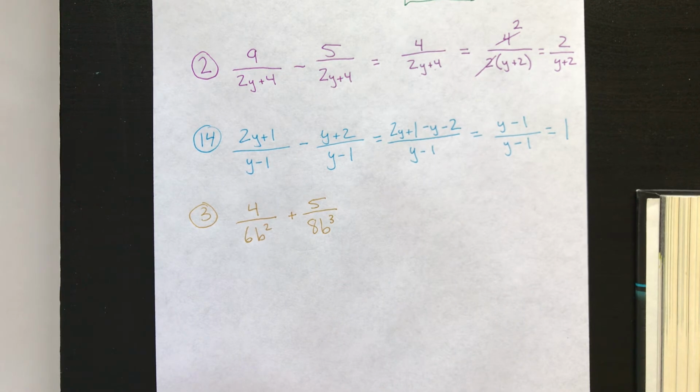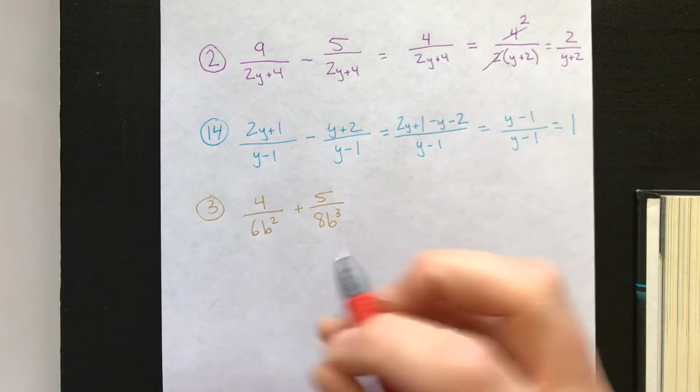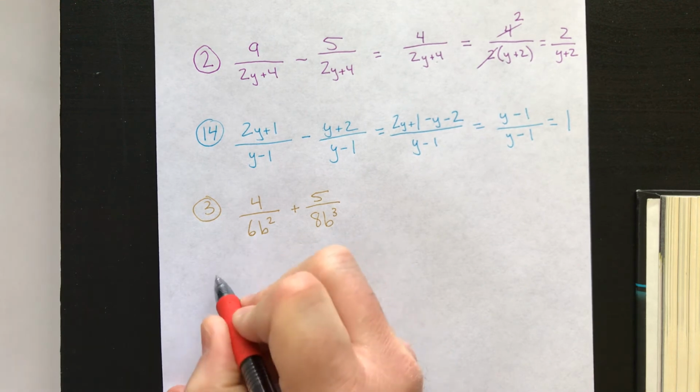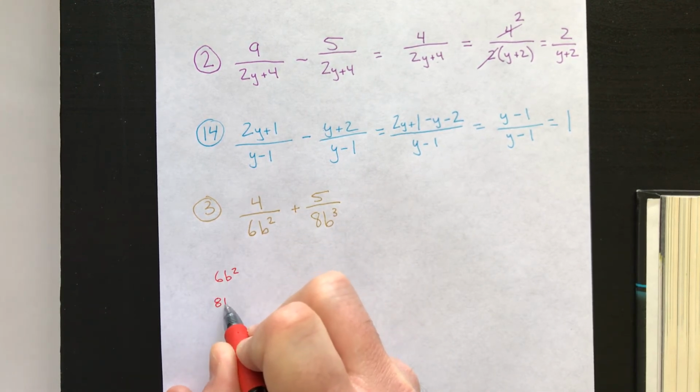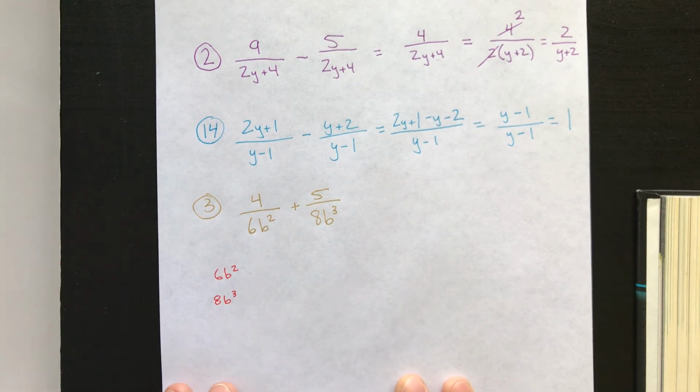Now, I'll show you how the book does this. The book tells you to list the prime factorization of both of your denominators.